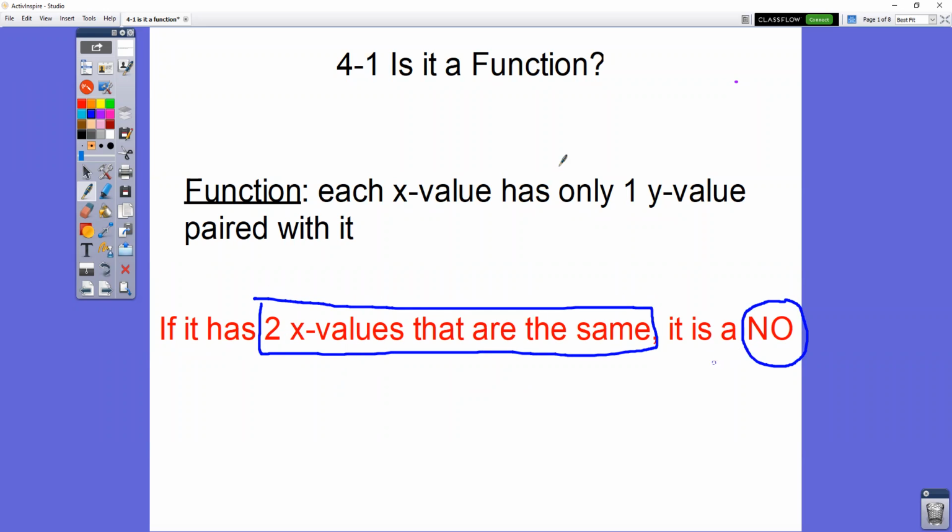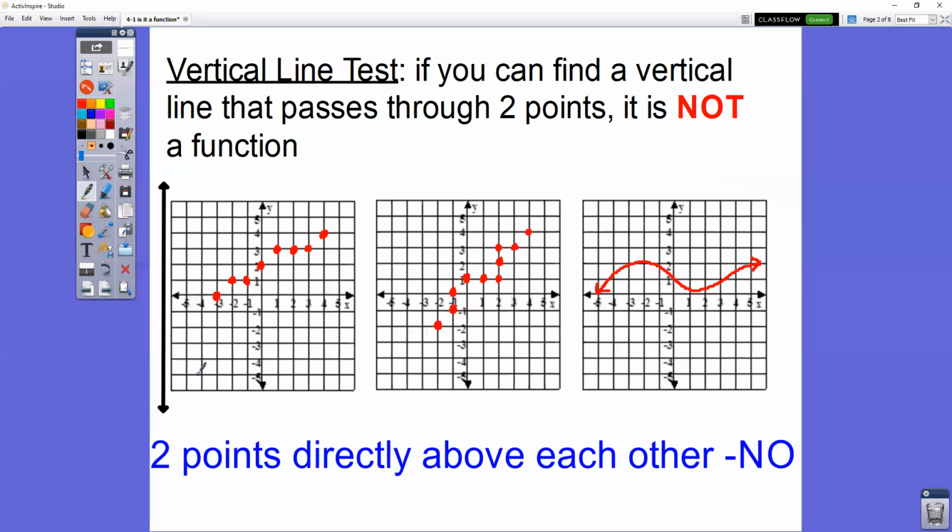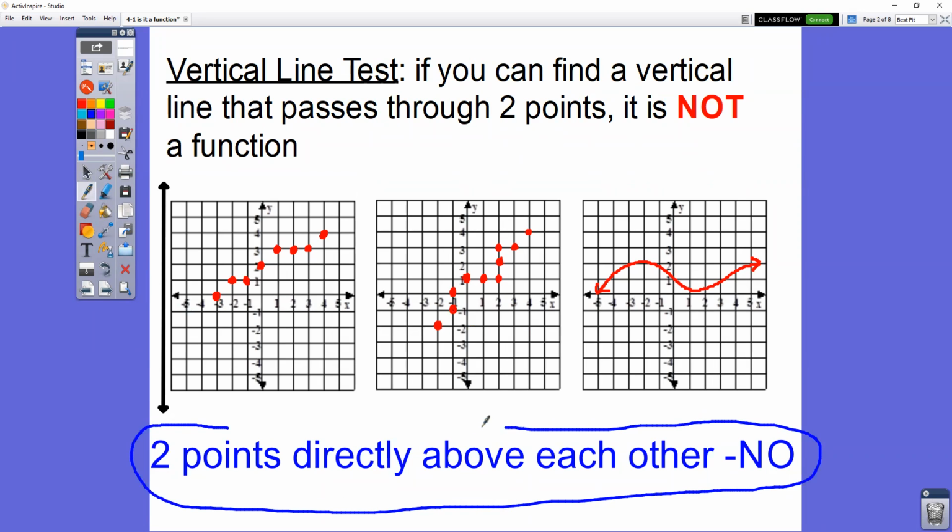There's 4 different types of questions today. Let's take a look at the first type of question. The first type is the vertical line test. You're going to have pictures of graphs. When there are 2 points directly above each other, it's going to be a no. It fails what they call the vertical line test.